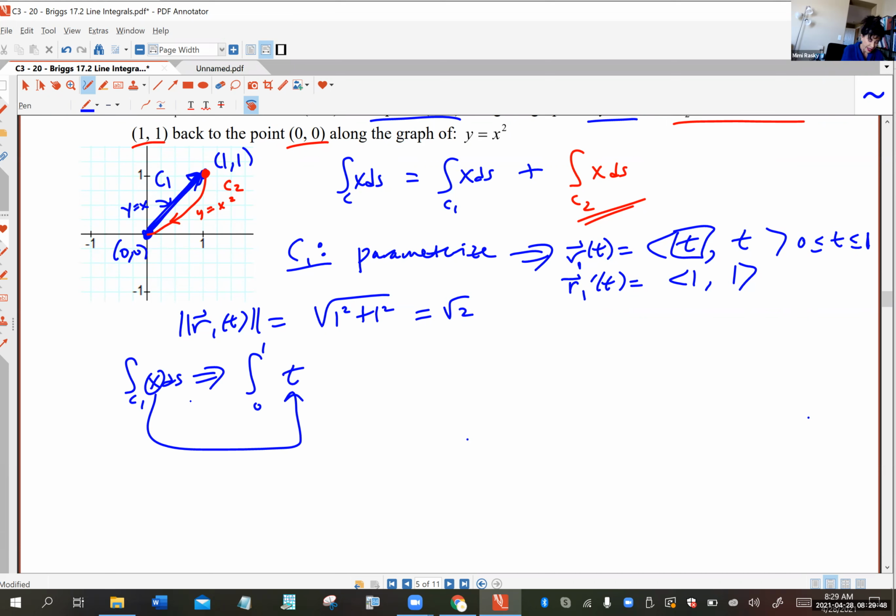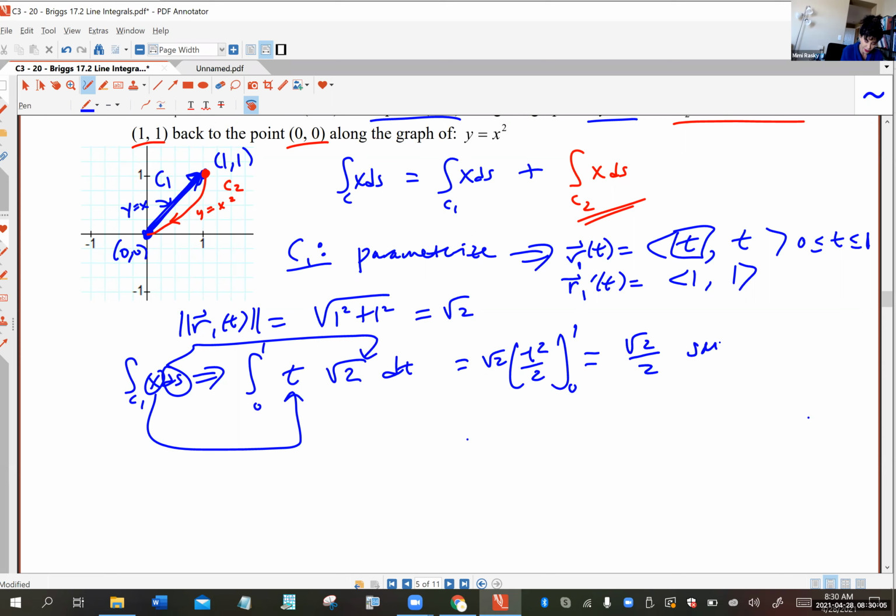That's convenient. And the arc length element gets replaced with square root of 2 dt. So this is pretty easy to integrate, no problems here. You'll just have square root of 2 times t squared over 2, evaluated between 0 and 1. I get square root of 2 over 2. Save it for later. It's not the final answer, but we'll add that to the other line integral.